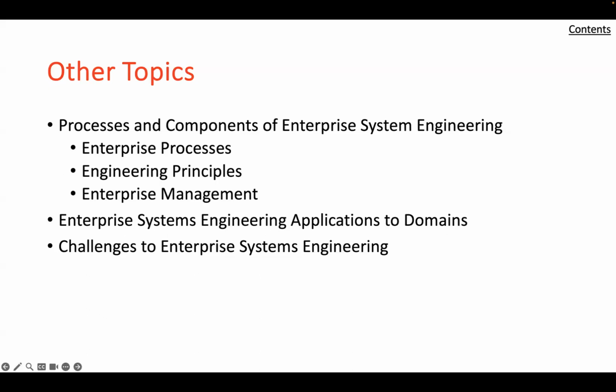There may be some utility in deriving lessons learned and best practices from a previous enterprise system engineering application and transplanting that into a different domain, but caution must be taken to ensure that the approach takes into consideration the sensitivities and nuances that each domain requires.